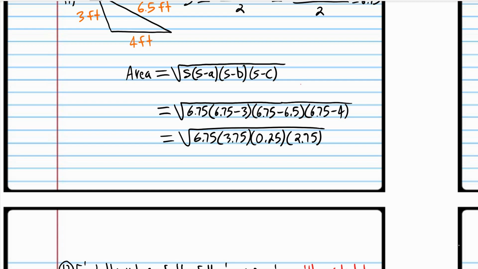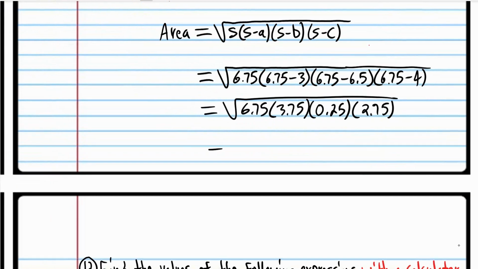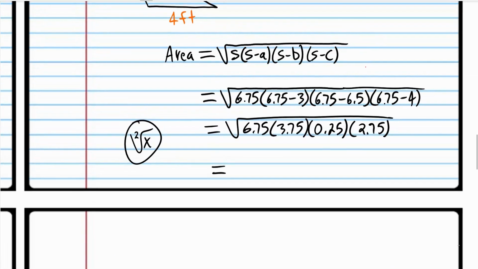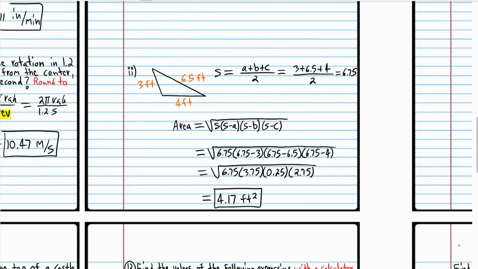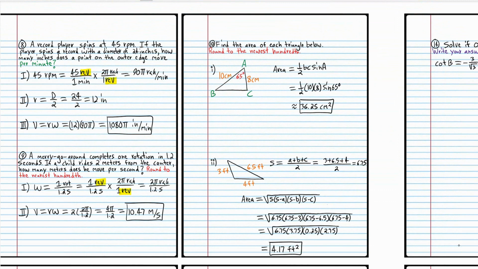And then you're going to square root that number. So you can just push this button in the iPhone, or you can press the second button and then the x squared button, and it should say square root on your graphing calculator. So we get 4.17, and make sure that you write your units. We're finding the area of the triangle, so it's going to be square feet. So if you got that one right, excellent.